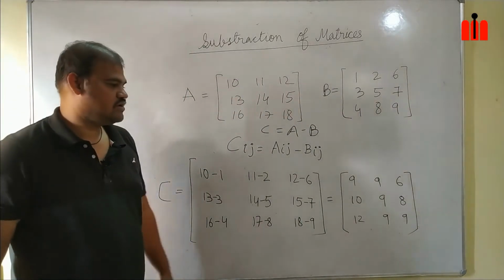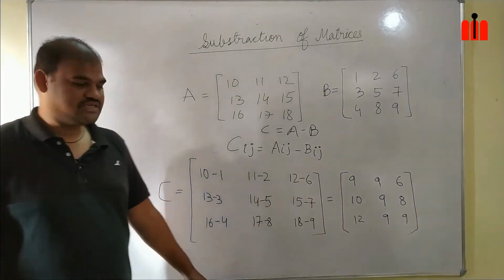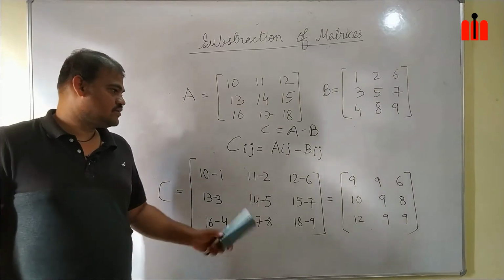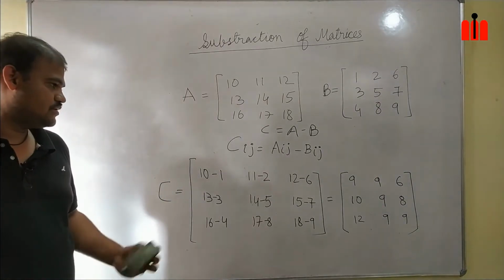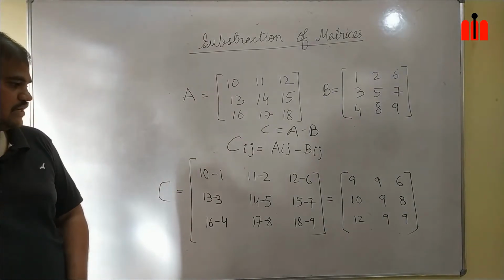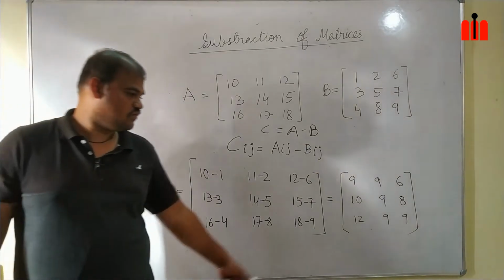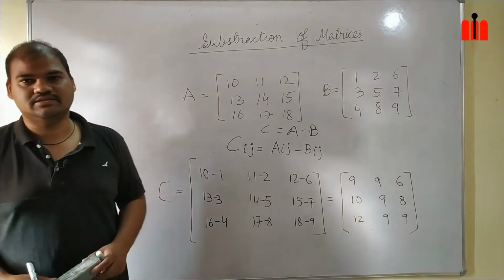This is the result matrix, which is C. Everything is correct? Yeah. Perfect. So this is what my matrix C is.